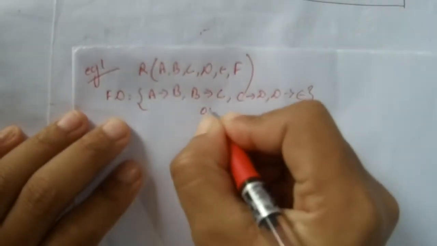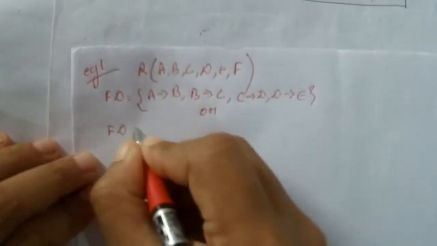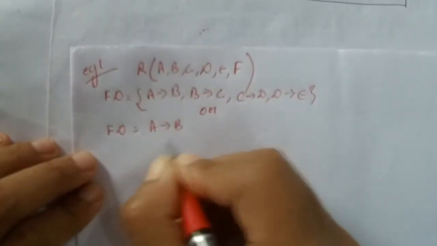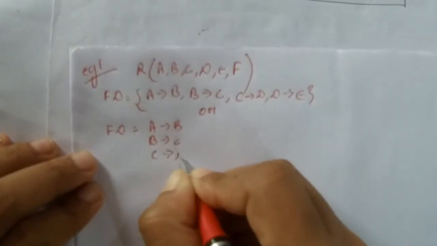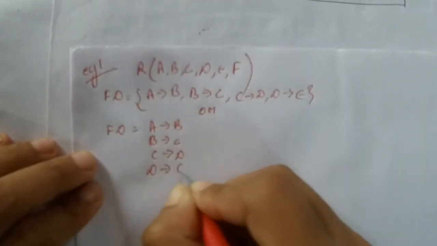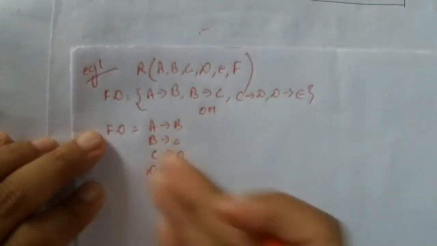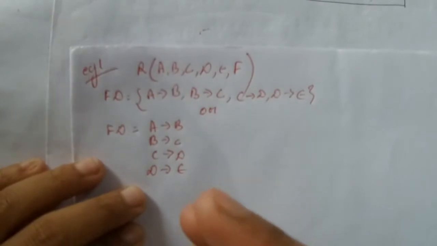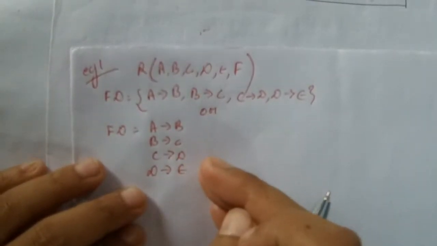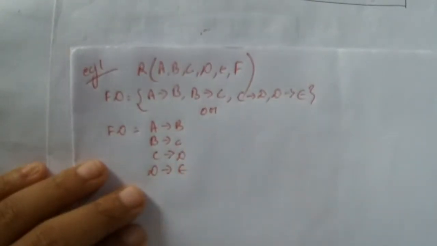You can also write these functional dependencies in this way: A determines B, B determines C, C determines D, D determines E. If we write it this way, it will help you solve the problems more easily. That's why I have written it this way also.